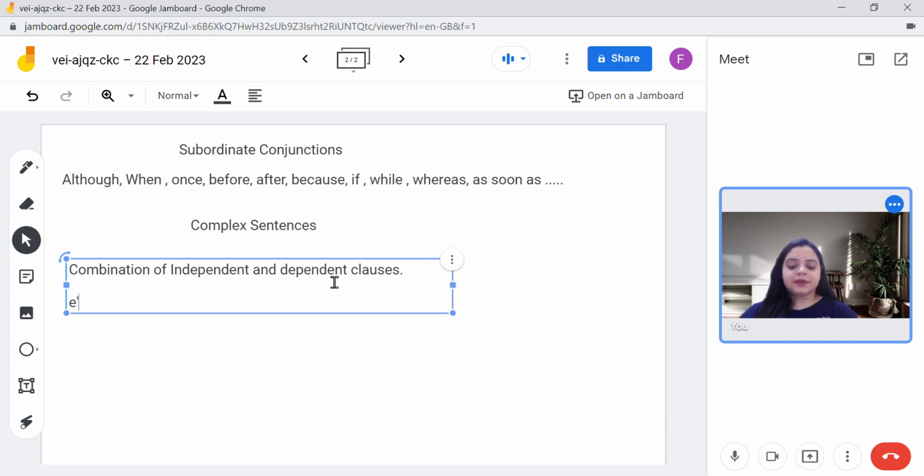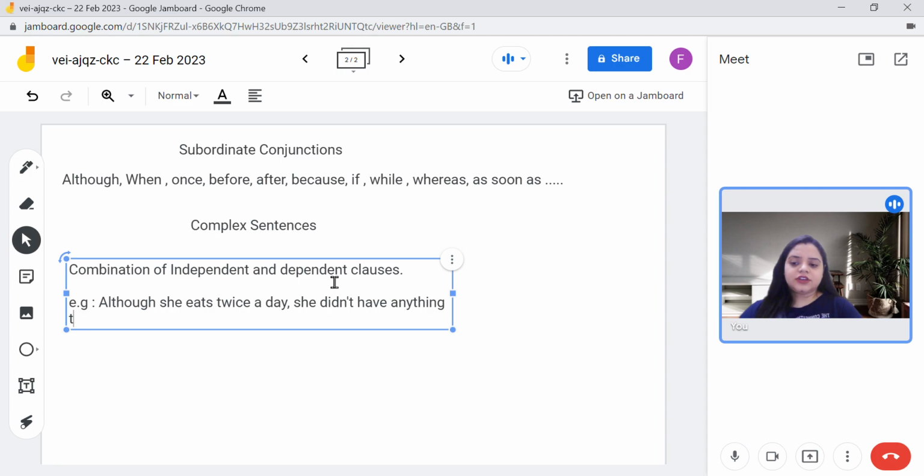Now let me put some examples here. The example was, although she eats twice a day, she didn't have anything in the entire day.